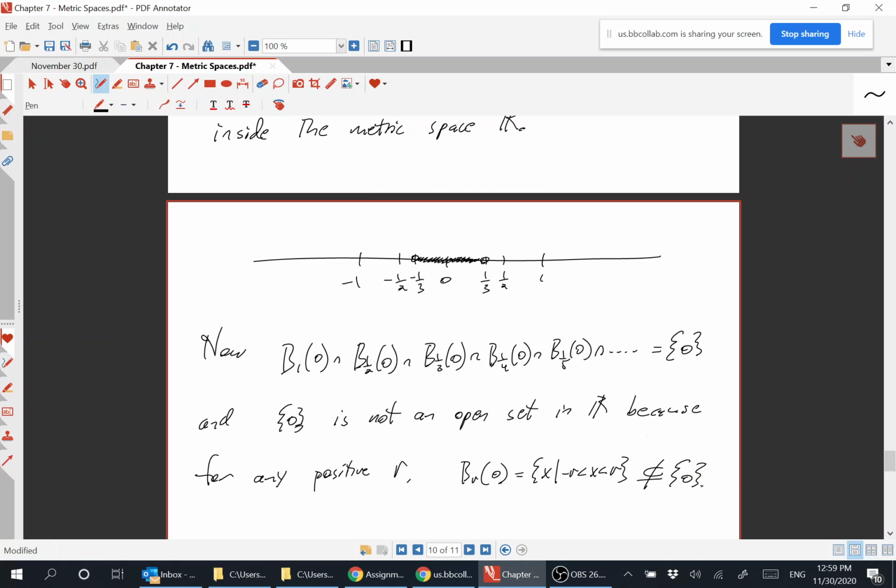You can't put an open ball around 0 and have it stay within the set 0.